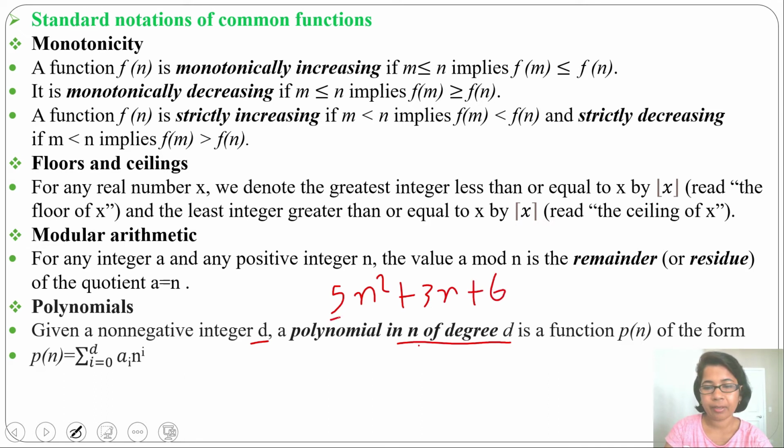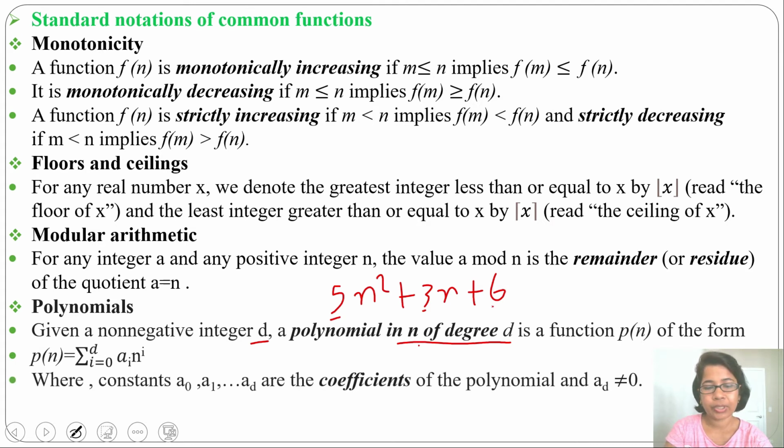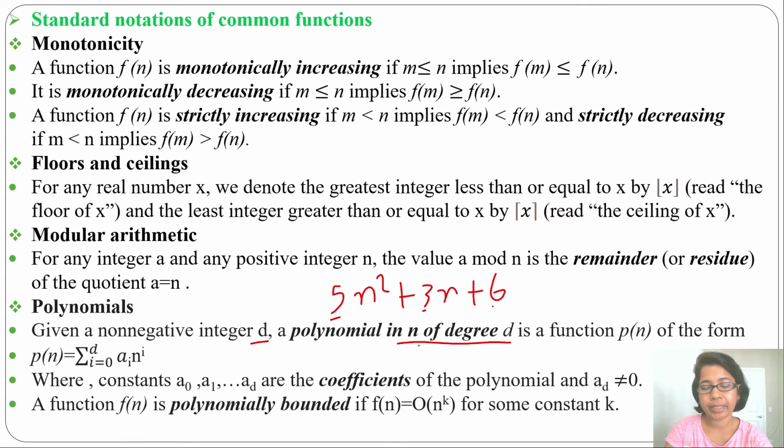Here 5, 3, 6 are the coefficients. We can say the constants a0, a1 up to ad are the coefficients of the polynomial, and ad should not be 0. And a function f(n) is polynomially bounded if f(n) equals O(n^k) for some constant k. So this polynomial we can say is order of n^2.